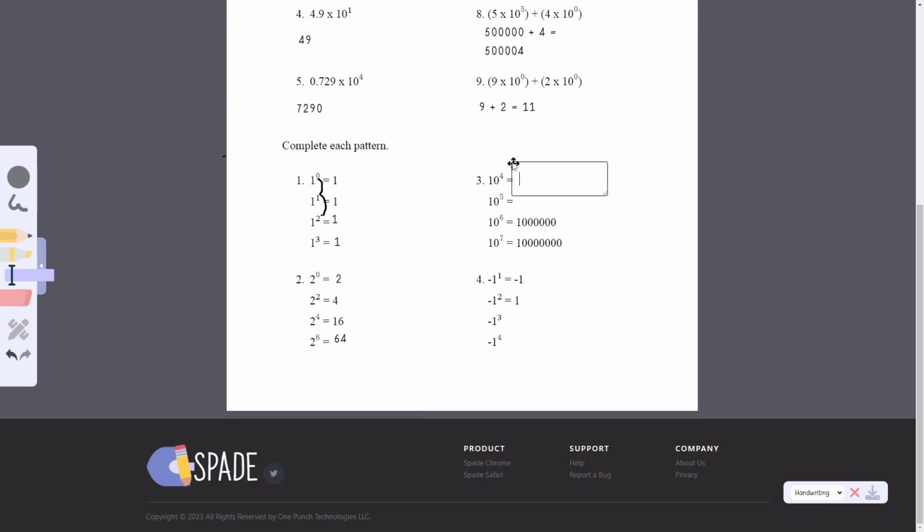Number 3, 10 to the 4th power. 10 with 4 zeros after it. That would be 10,000. And then 10 to the 5th power will be 10 with 5 zeros after it. So that would be 100,000.